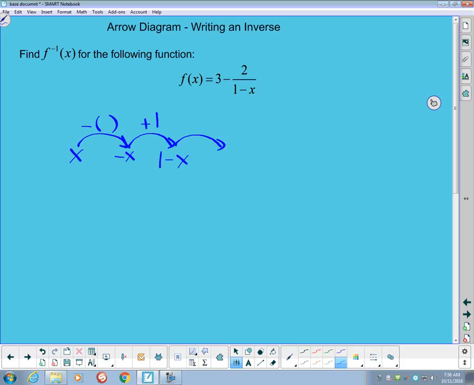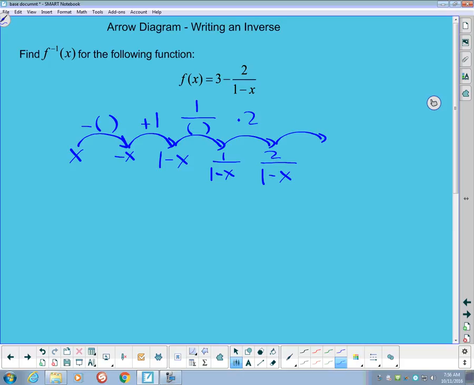We then need that 1 minus x in the denominator, so I show that with a reciprocal function looking like that. That would be our parent function in this case if we were talking about transformations. That will give us the 1 over 1 minus x. We then need to multiply by 2 to give us 2 over 1 minus x.